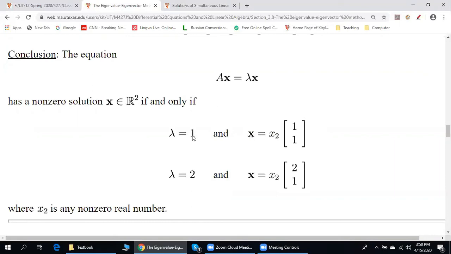And for lambda equal to 1, this is a complete description of eigenvectors. And for lambda equal to 2, this is a complete description of eigenvectors. And can you re-explain eigenspace then? Eigenspace is the set of all eigenvectors plus the zero vector. Okay, gotcha. Thank you.